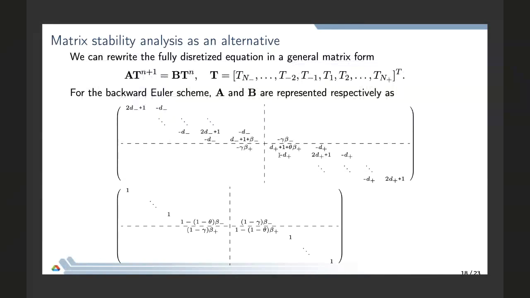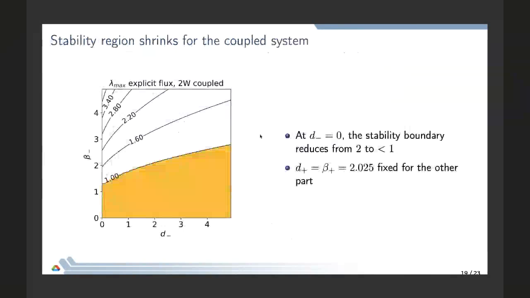That's also why we need an idealized, simplified model to study the eigenvalues of this stability matrix. And here we show the results for the ocean. We can see that the stability region is actually smaller than we have seen for the one-way coupled model previously.